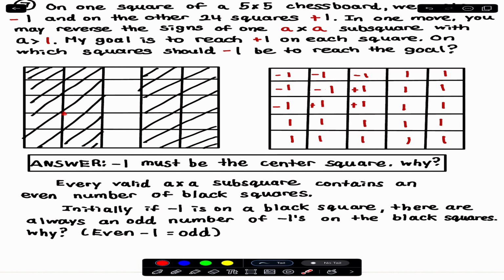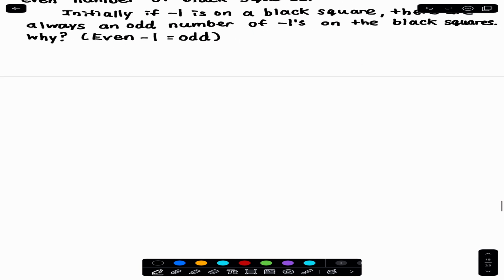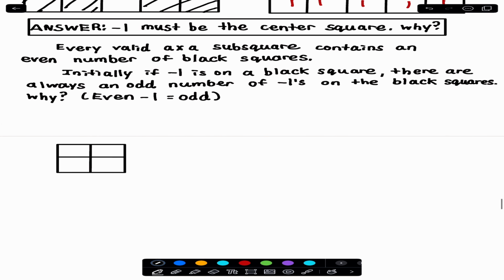Let's take maybe this one. Right? Let's check out this 2 by 2 subsquare. So if we have a 2 by 2 subsquare, I don't know why this never works for me. I'm like the worst when it comes to this. But if we have this, so I chose something that looks a little like this.